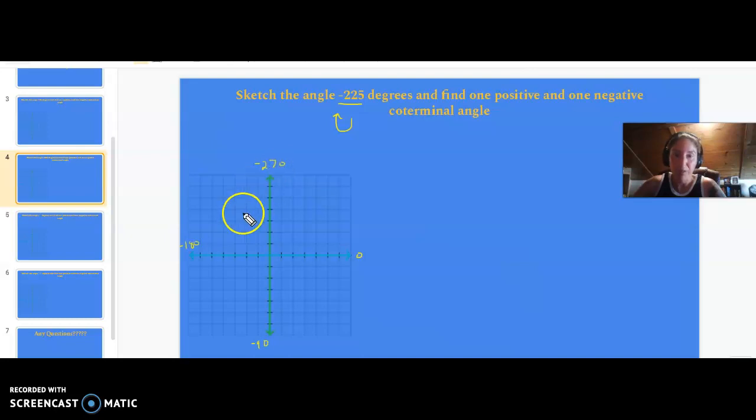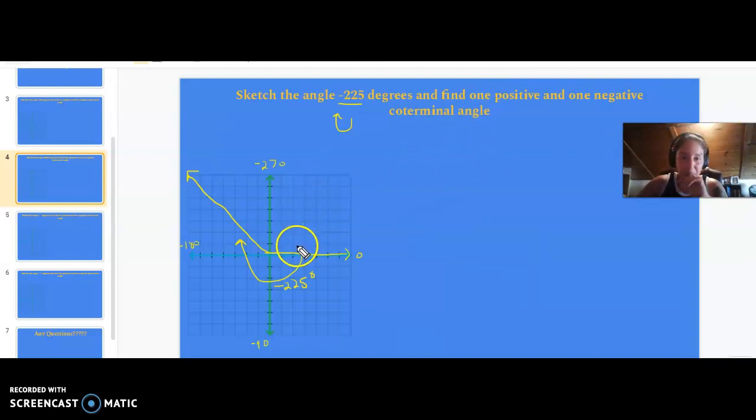Oh, that's too much, so we know the angle is in here somewhere. It's exactly in the middle again, as we saw on the last example. So we open up this way, and that's negative 225 degrees.